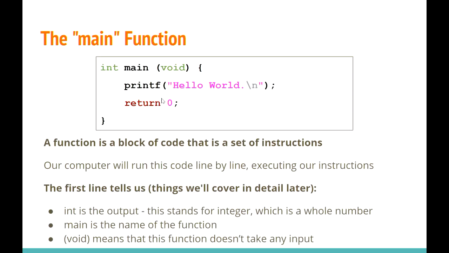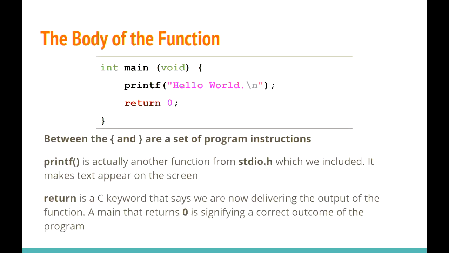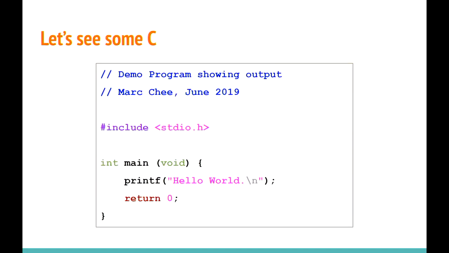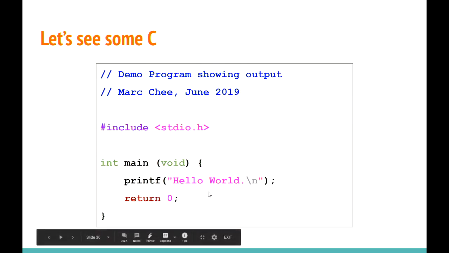And it will say 0 at the end of its finish, which basically is its way of saying, I'm done and everything was fine. We're not going to worry too much about returns at the moment, other than thinking this is how the program ends. So this program is actually really simple. What it does is it sets itself up, has some information, and then it runs, and when it runs, it just says hello world.